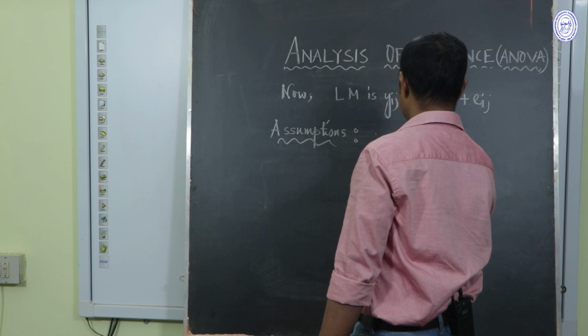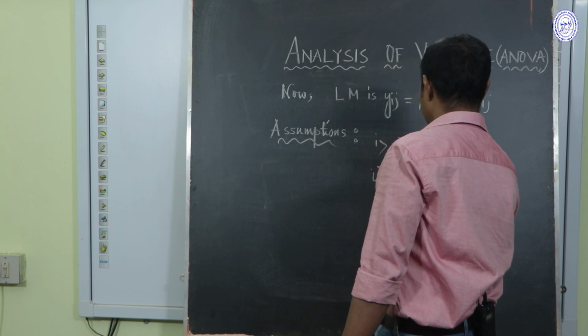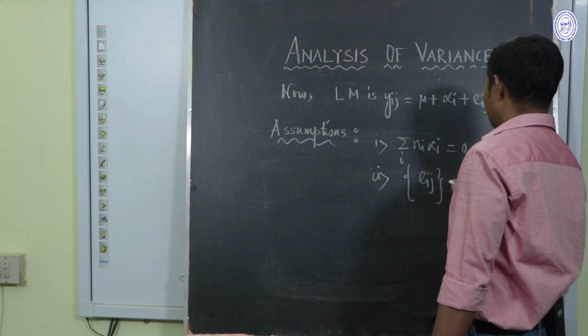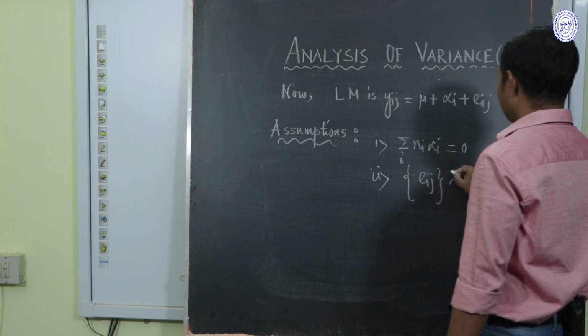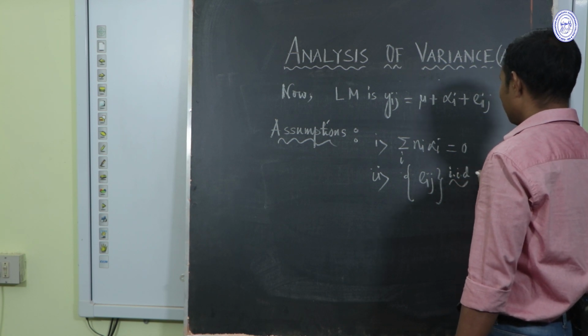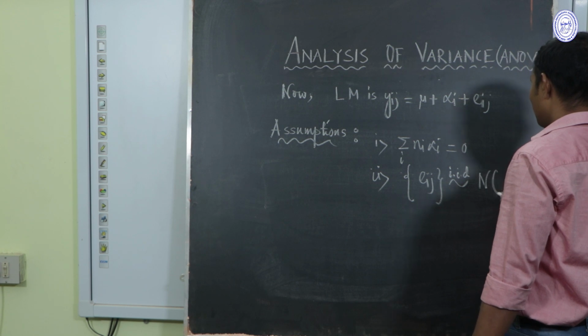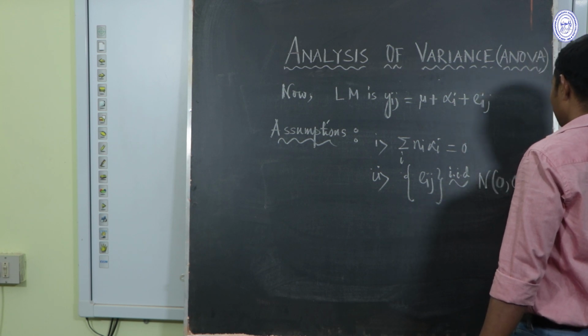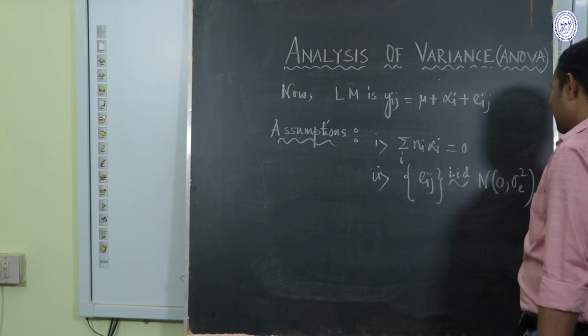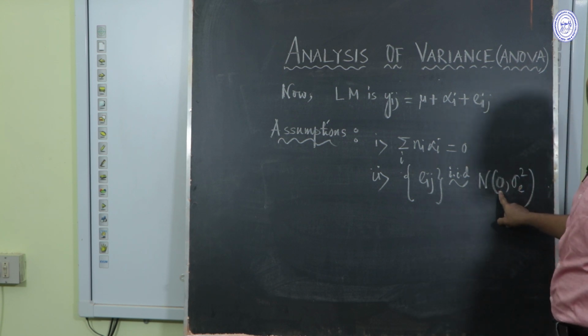Second assumption is e_ij, the random error, follows independently and identically distributed, IID, normal with mean 0 and variance sigma_e square.